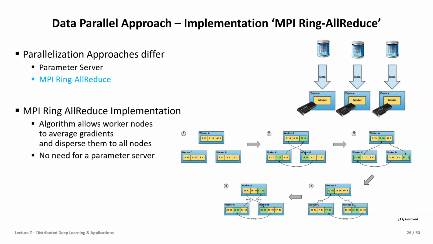We have now data and we're putting that in the different devices, let's say NVIDIA GPUs as an example, but could also be different devices, where we have now the small amounts of data we train per worker as we did before, but you see and observe there is no parameter server anymore.